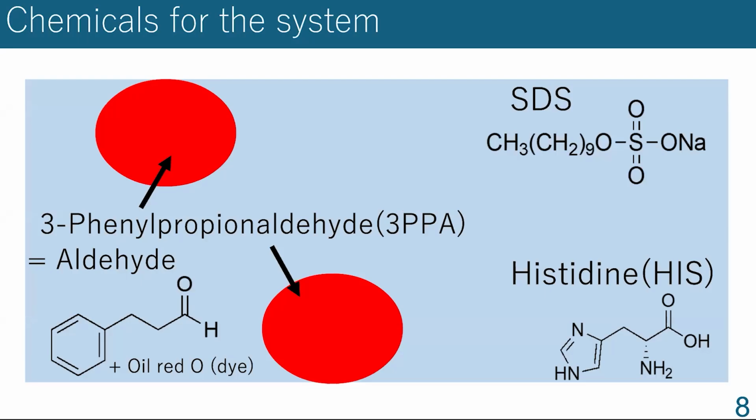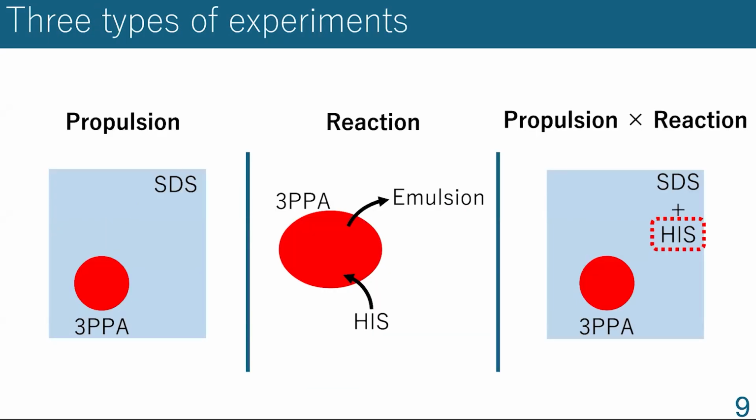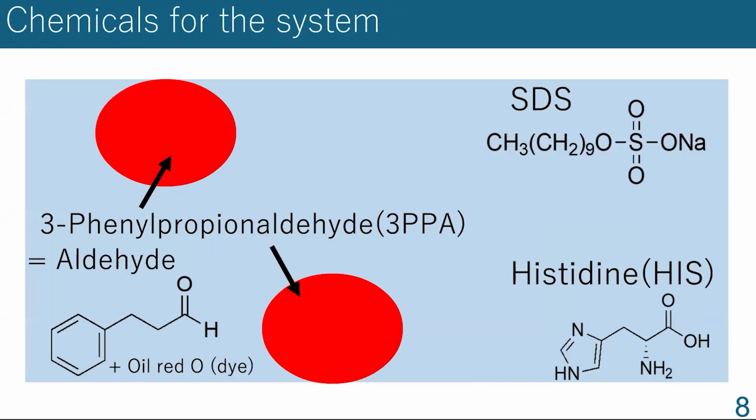Here is the experiment. These are the chemicals for this system. I use droplets of 3-phenylpropionaldehyde, which is an aldehyde. In the solution phase, I use SDS or the combination of SDS and histidine, which is an amino acid.